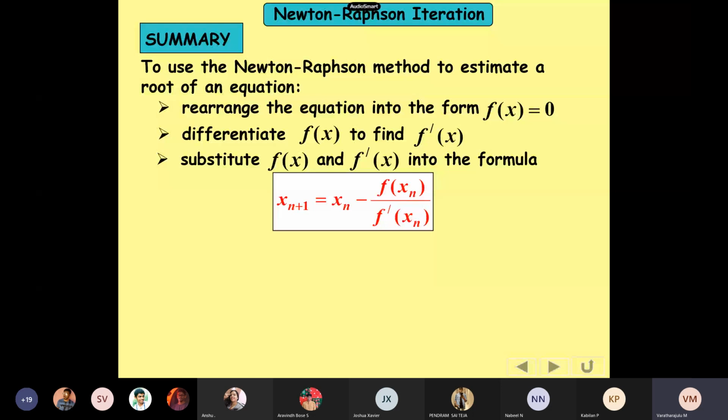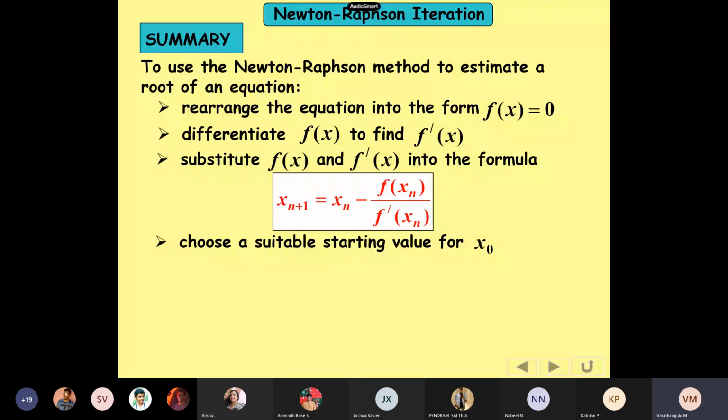Choose a suitable starting value x naught. Use these calculator techniques to iterate with the various values.